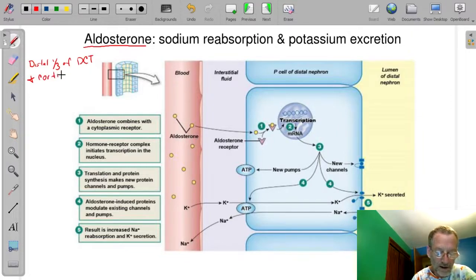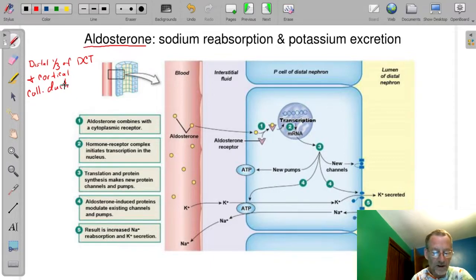So later in the nephron. Again, our sodium reabsorption is being regulated by aldosterone. In the proximal convoluted tubule, sodium was not regulated. We were just reabsorbing it as fast as we could.